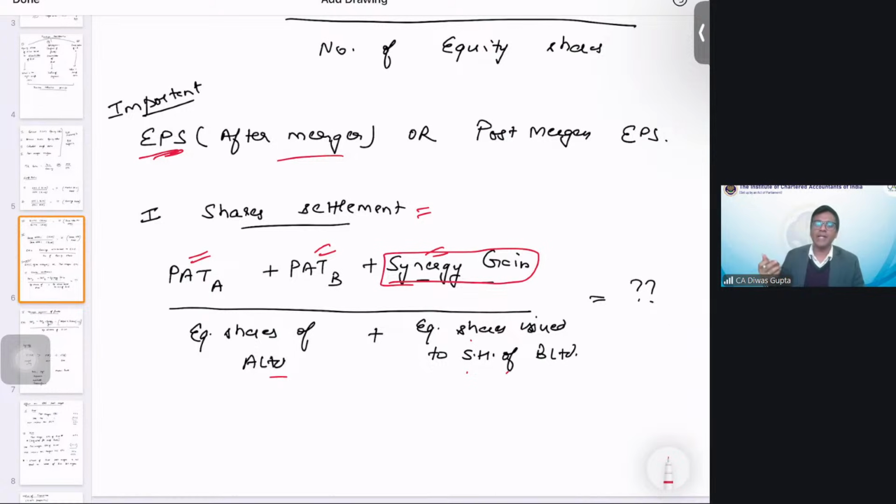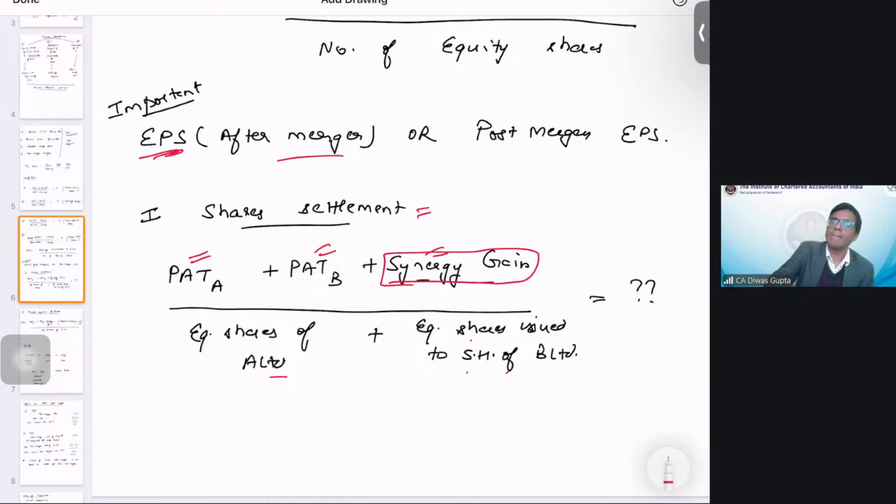It will lead to economies of scale. It will lead to higher internal production, and hence higher efficiencies, which will lead to synergy gains, which would not have happened because of both of them operating individually. Now because both of them are doing collective business, it will lead to synergy.